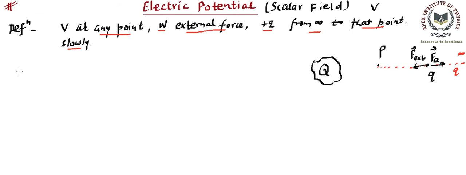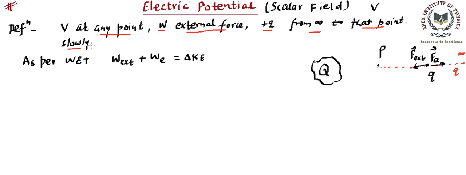Now we know there is a theorem called the work energy theorem. As per the work energy theorem, the work done by all the forces, that is the external force, plus the work done by the electrostatic force, must be equal to the change in kinetic energy. Now as per the definition, we are bringing this charge slowly.